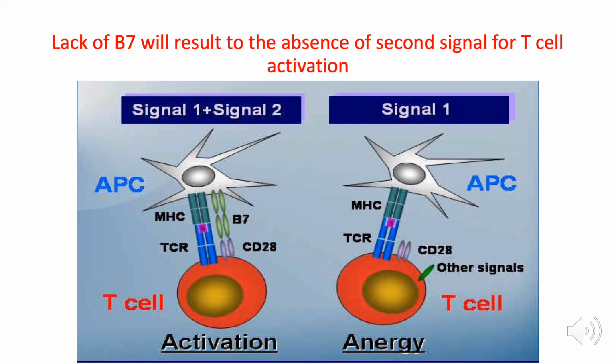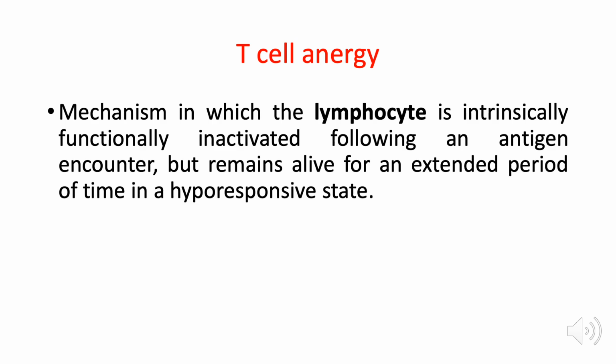What is anergy? It's a mechanism in which T cells or any lymphocyte in the body is intrinsically, functionally inactivated following an antigen exposure or encounter, but remains alive for an extended period of time in a hyporesponsive state.